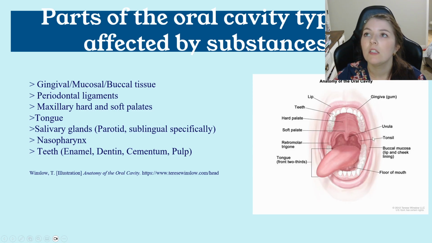The parotid salivary gland is here in the cheek. It's right next to these upper molars in the back of your mouth. And then the sublingual is just here below the tongue in the floor of the mouth. We have the nasopharynx, which is in the back of your throat and runs from your nasal passages down into your throat. This is your pharynx here. And then of course, we already talked about the teeth and the different layers of the teeth, the enamel, dentin, cementum, and pulp.